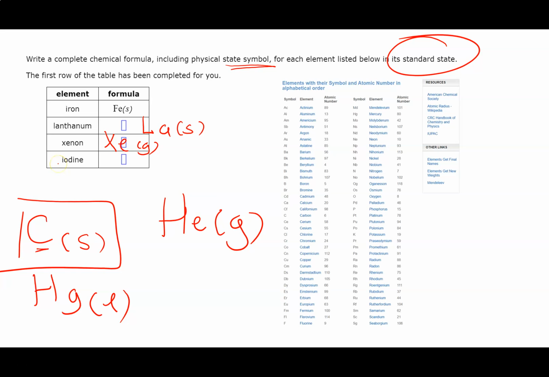And then iodine, you got to remember for iodine, it's one of our diatomic 7. Have no fear of ice cold beer. It's the I. So we have to remember that it's I2, and iodine is a solid at room temperature.